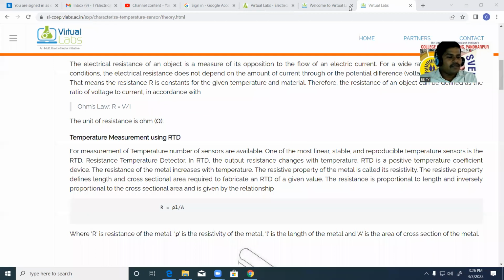So as we have discussed, suppose insulating material is there. If we provide some temperature to that insulating material, what will happen? Resistance decreases or increases?